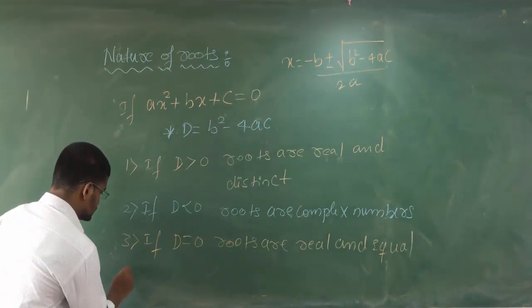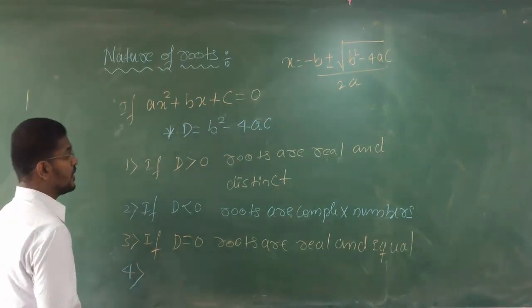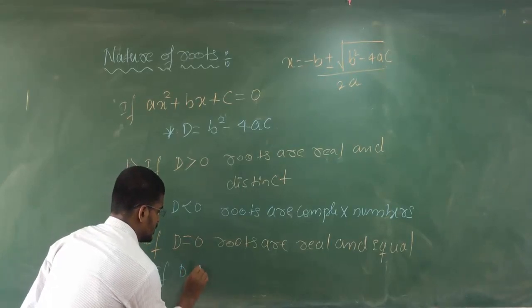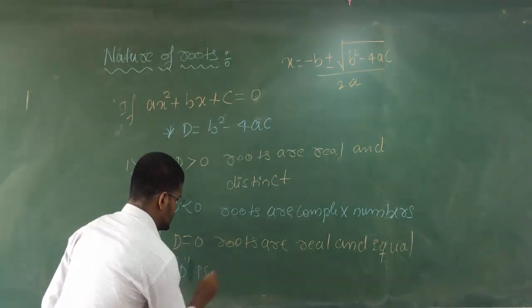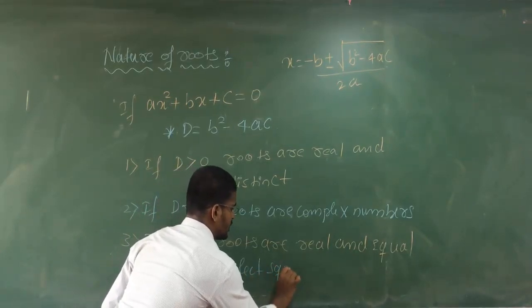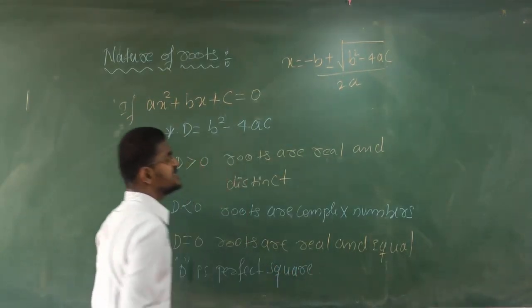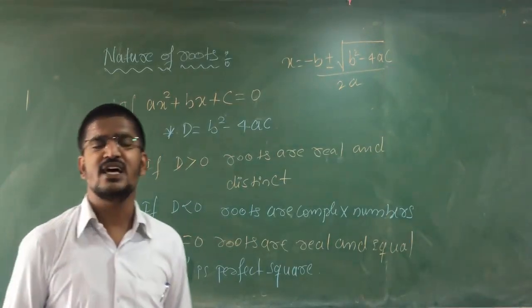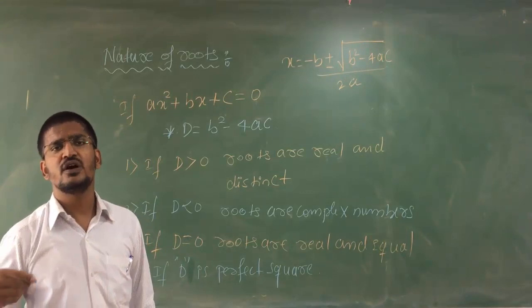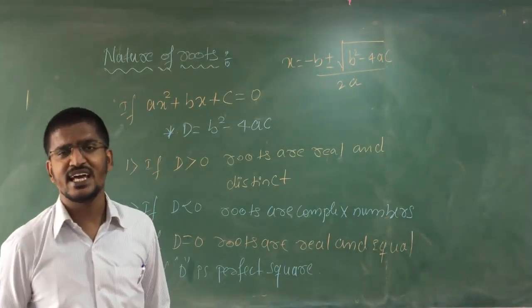Next, fourth one. If d is perfect square, for example, square root of 4, 2, square root of 36, 6, square root of 49, 7, like that. Clear?